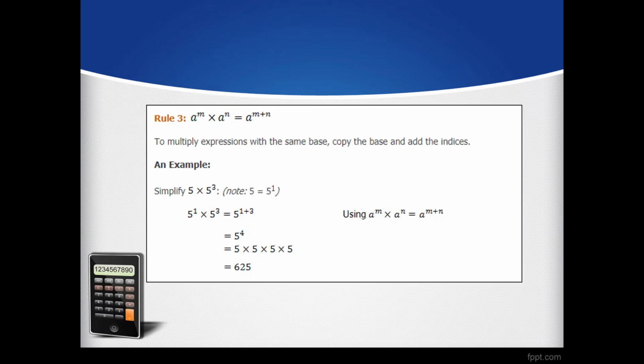For rule number 3, we have a raised to m multiplied by a raised to n. This is equivalent to a to the power of m plus n. So if it is multiplied, you're just going to add the indices.